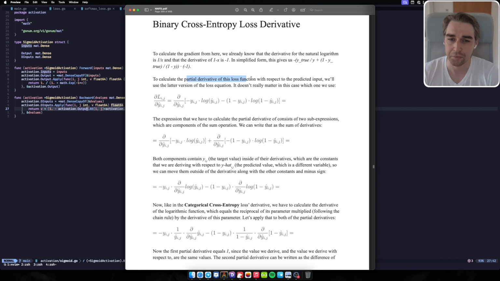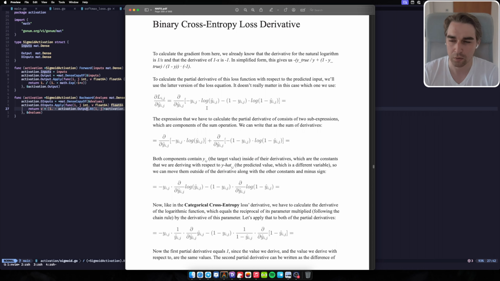We will calculate the partial derivative of this loss function with respect to the predicted input, using the later version of the loss equation. It doesn't really matter in this case which one we use.